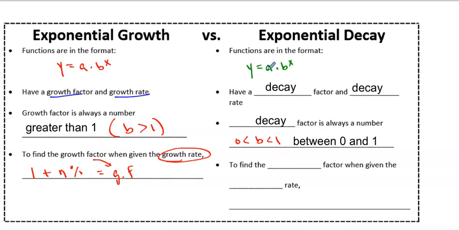Now to find the decay factor when given the decay rate. This time I'm going to start with 1 again, and I'm going to subtract whatever the decay rate is from there, and this will give me my decay factor.